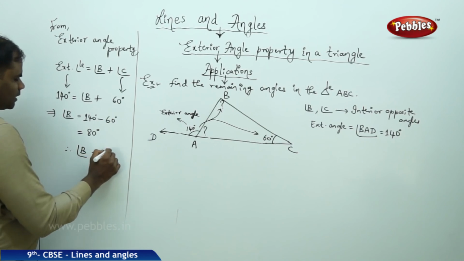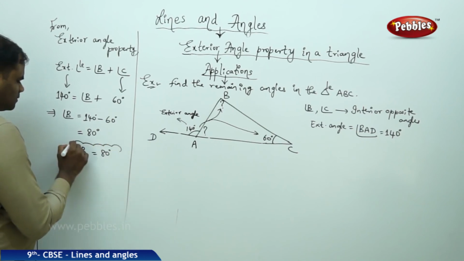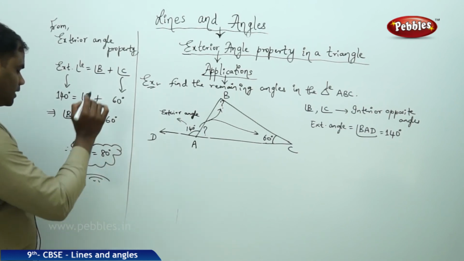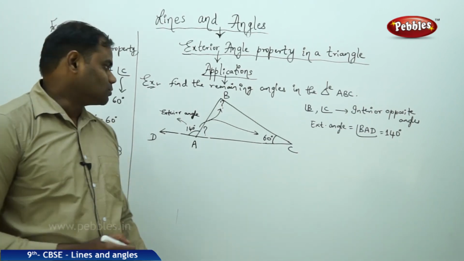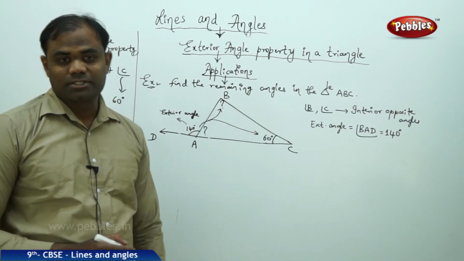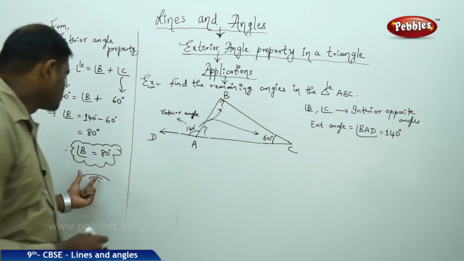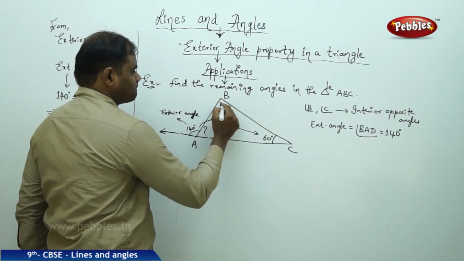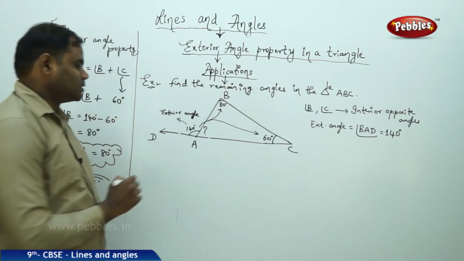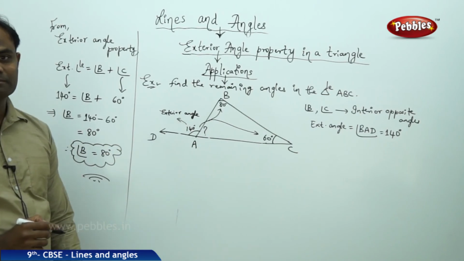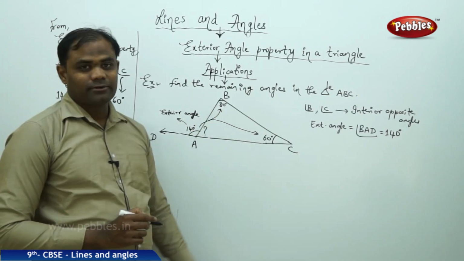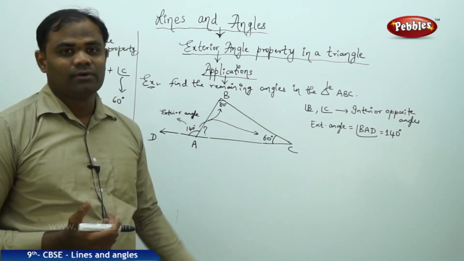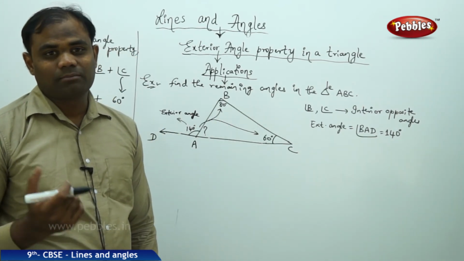Therefore my angle B is found to be 80 degrees. So the angle B using the exterior angle property is 80 degrees. Now the question is how to find angle A. As we know two angles in a triangle, the third angle is 180 minus their sum, using the angle sum property.